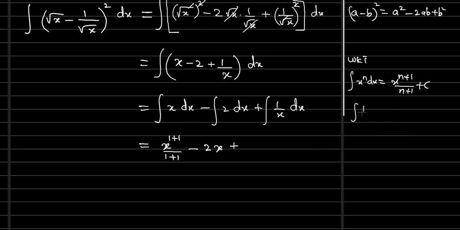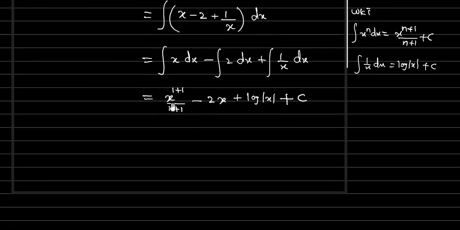The integral 1 by x dx formula is log modulus of x plus c. When the derivative of the denominator is in the numerator, we can write the denominator function inside the log. So log modulus of x. Throughout the equation the integration is completed, so now we can put plus c.